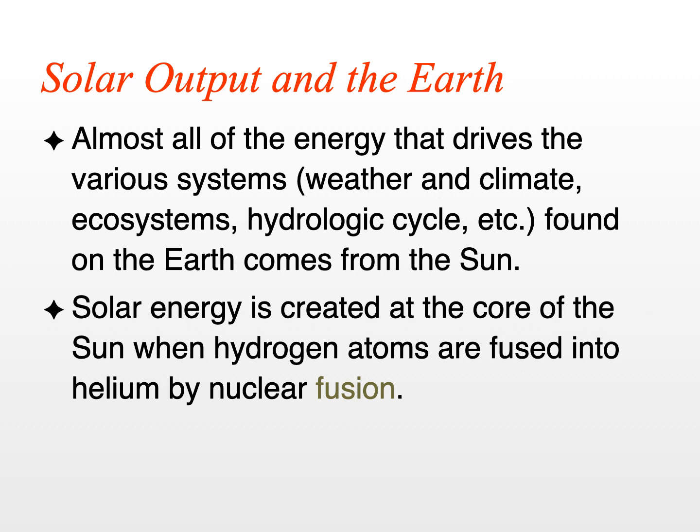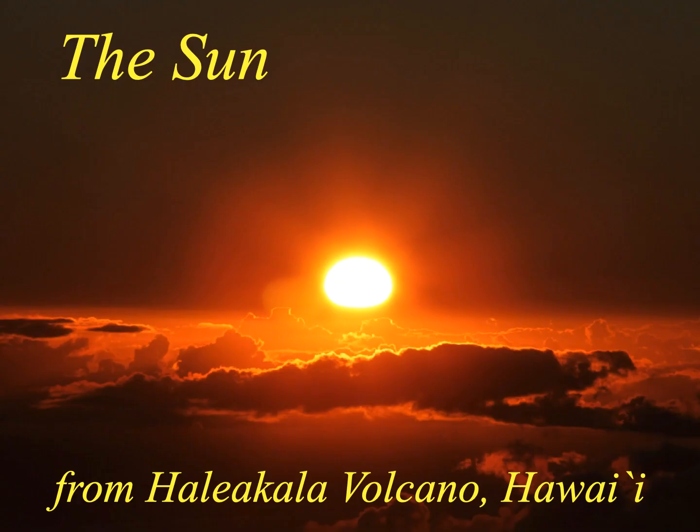With enough gravity, two hydrogen atoms are fused into one helium atom, and this nuclear fusion creates high temperatures and radiation. At the core of the sun, scientists estimate that the temperature, because of fusion, is in the neighborhood of 15 million degrees Kelvin.